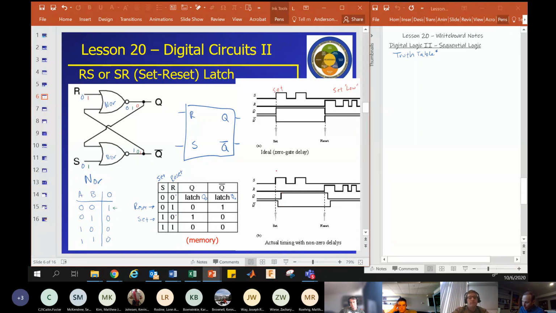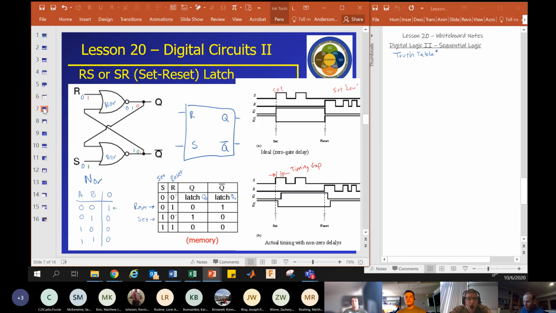So we get this gap in timing between when we set it and when the output actually goes high. So that's something to keep in mind in real devices, and sometimes that can make a difference in what the output is. And we'll see that in some homework coming up.